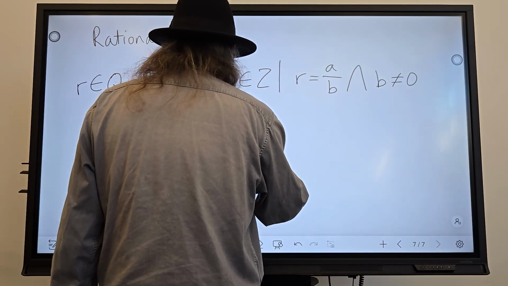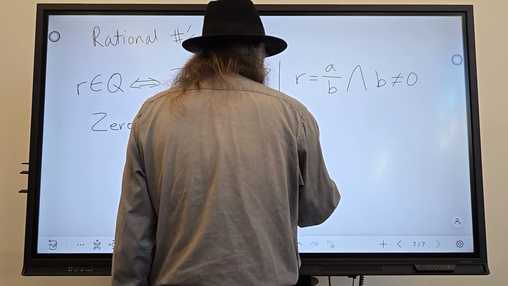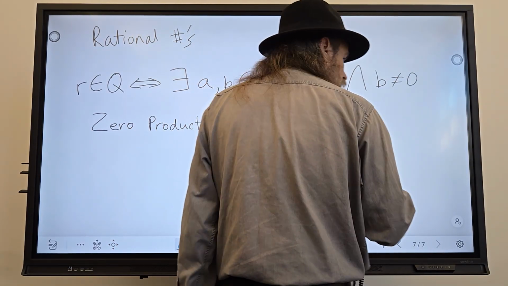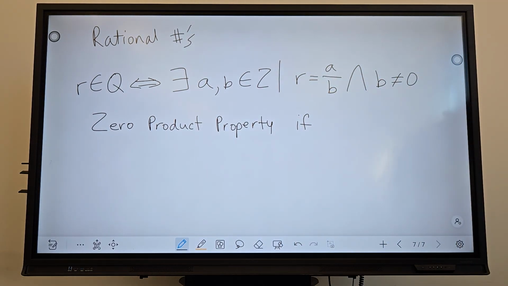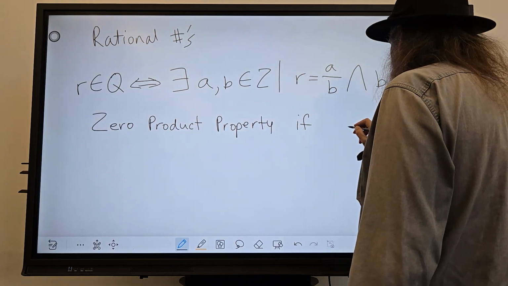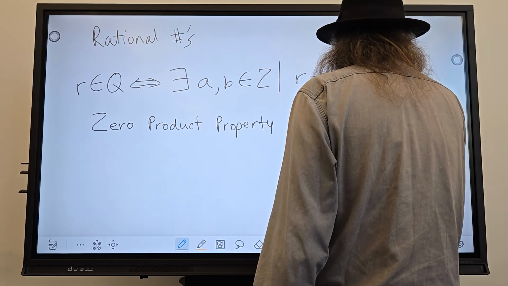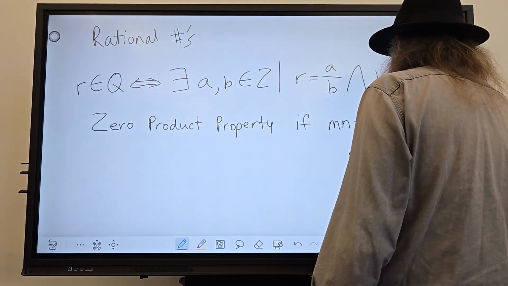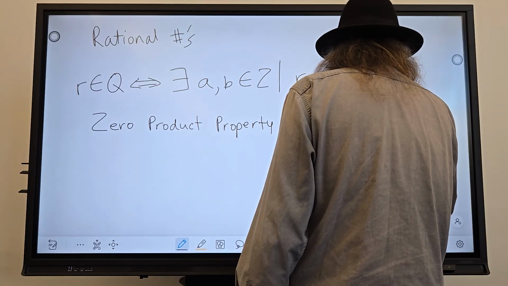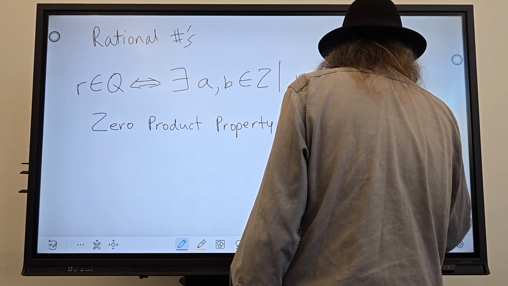If m n does not equal 0, then m does not equal 0 and n does not equal 0.